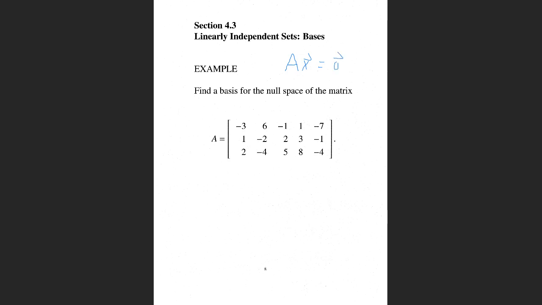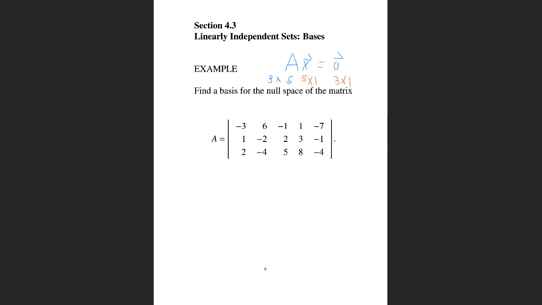And keep in mind, the matrix A is 3 rows by 5 columns, right? So the vector X is going to be what? What would the dimensions of the vector X have to be? Five by 1. Good. And then, of course, the zero vector is 3 by 1.